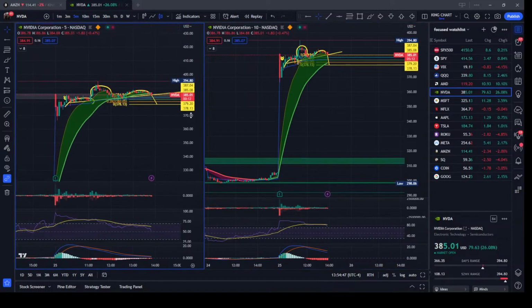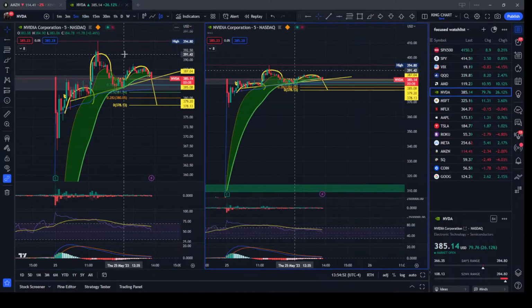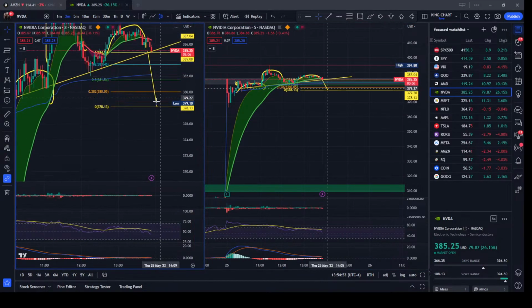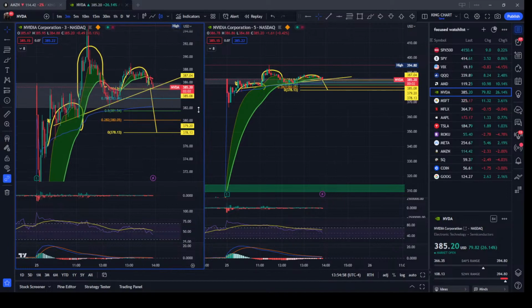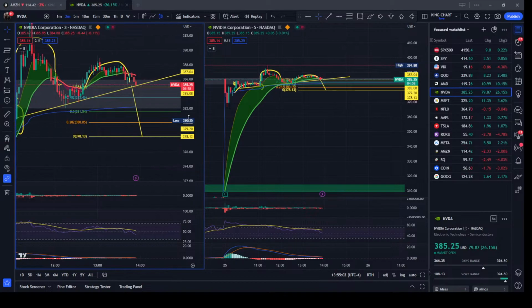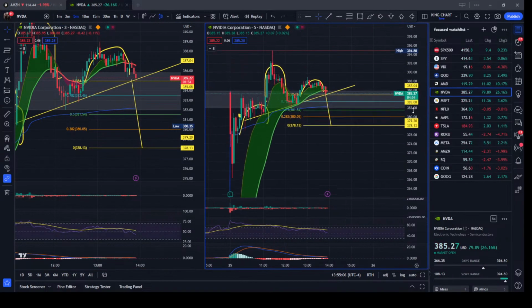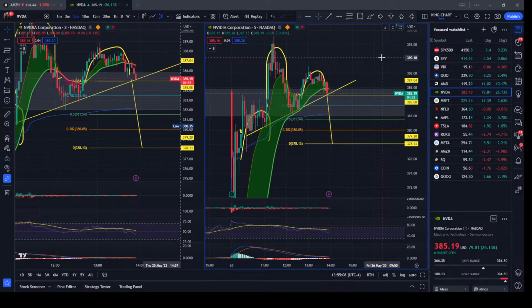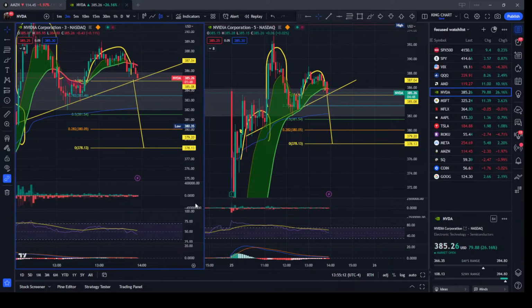NVIDIA gave us a signal. Oh yeah, so we found this one on the 5, and this one was on the 3. Yeah, so remember guys, we find a pattern on the 5, we go down to the 3. Look at all that bearish volume.